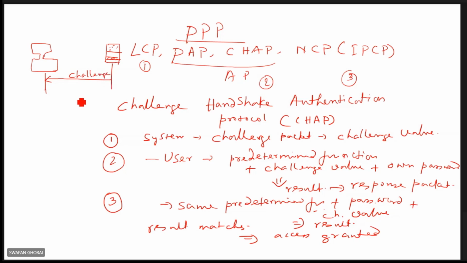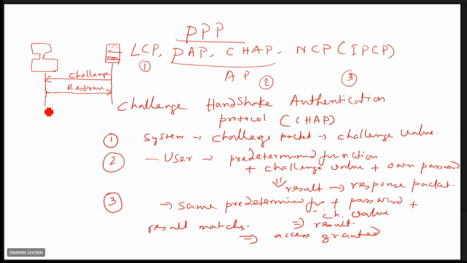Next, after getting the challenge value, the user will create the result using this challenge value, the predetermined function and its own password. That will be sent in the response packet.